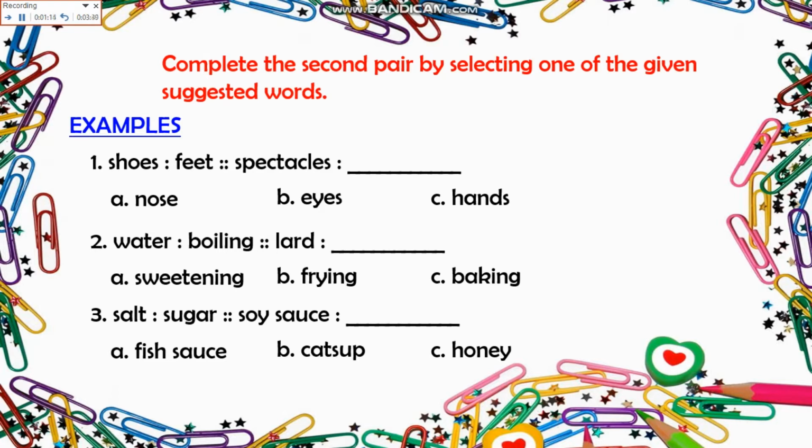The third example is salt is to sugar as soy sauce is to blank. A, fish sauce, B, ketchup, C, honey. So we have salt and sugar having an opposite relationship. Therefore, since soy sauce is salty, the opposite is a sweet mixture, which is honey.